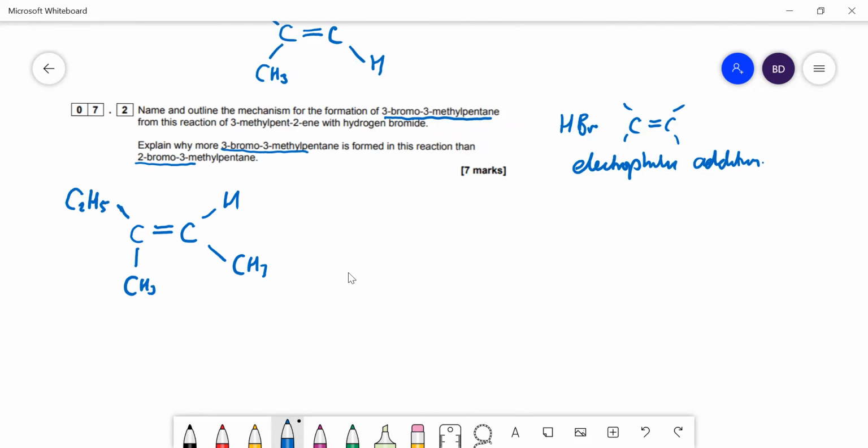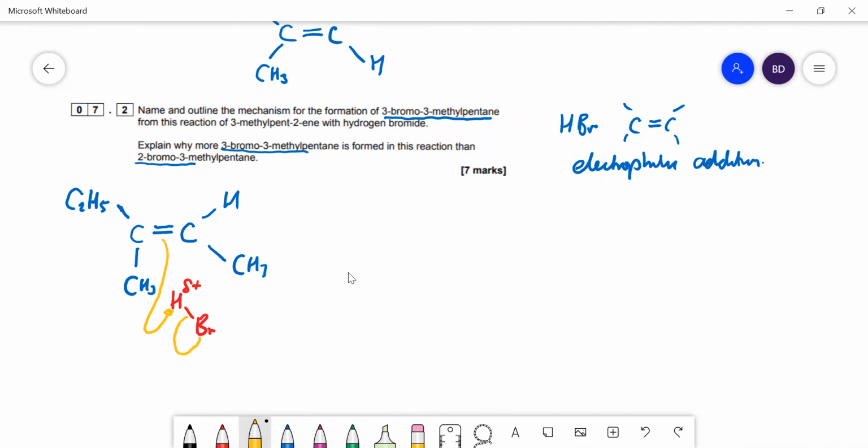Okay. Now the hydrogen bromide is going to come along. We have a delta positive on that hydrogen there. And so a pair of electrons is going to jump from the pi bond onto the hydrogen, and then this bond between the hydrogen and the bromine is going to break.